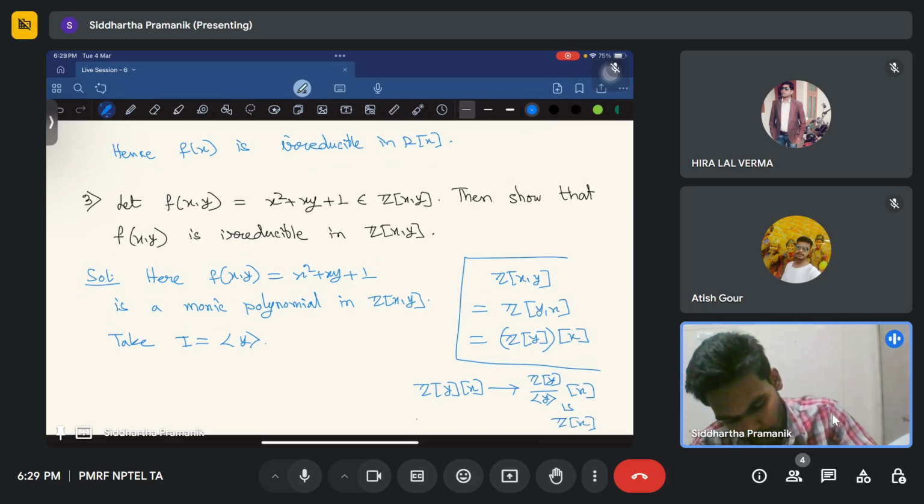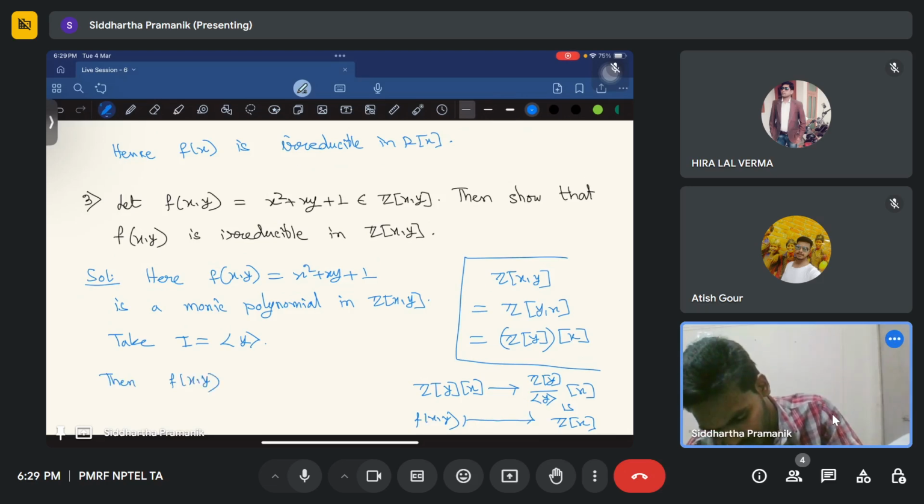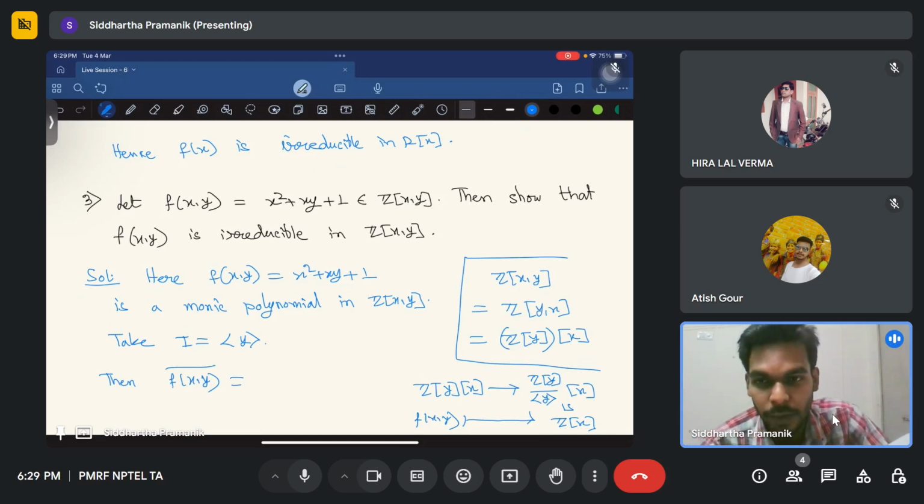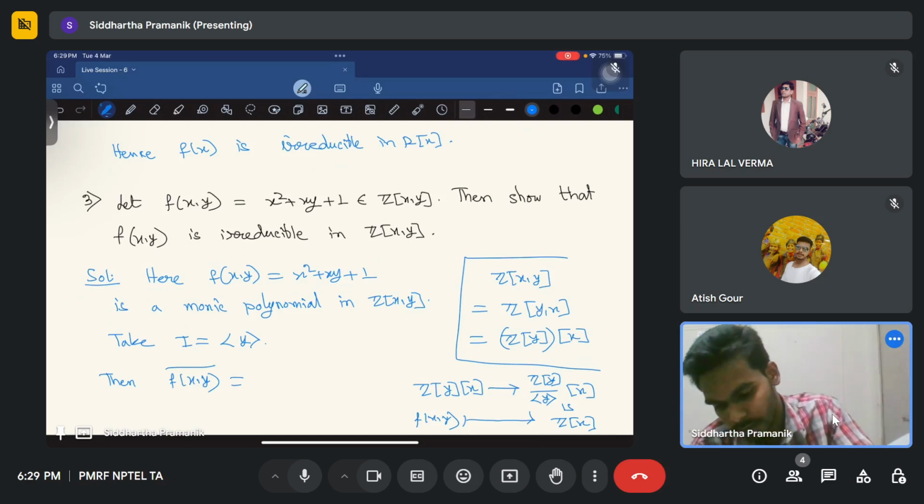So this is isomorphic to Z[x]. Here you have f(x, y), and you need to take the image here. So how does it look? Then f(x, y) bar. What is f(x, y) bar? Can you say?